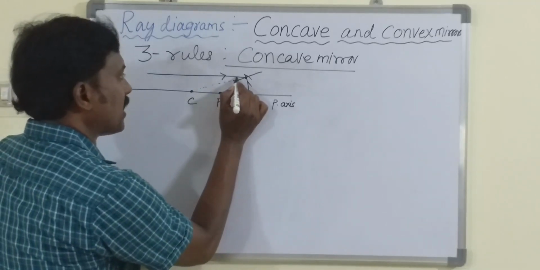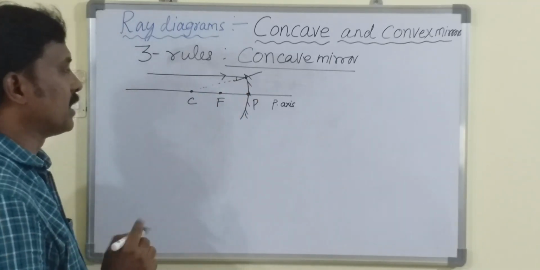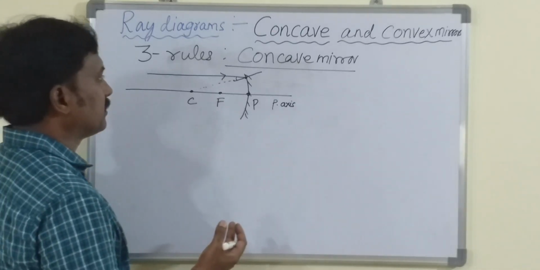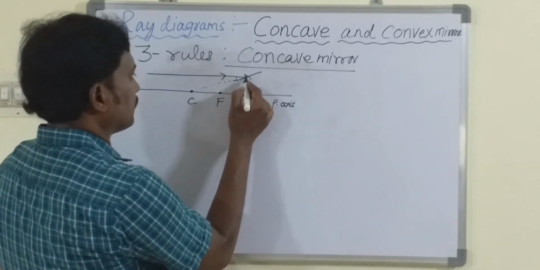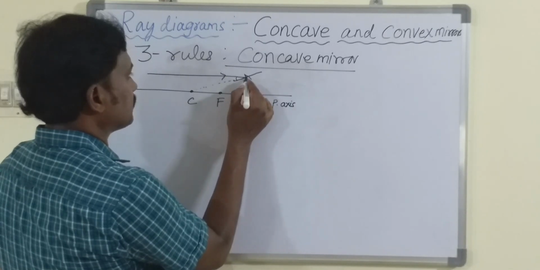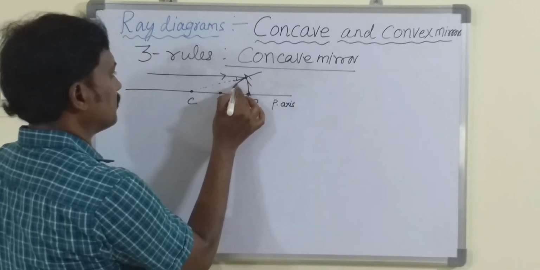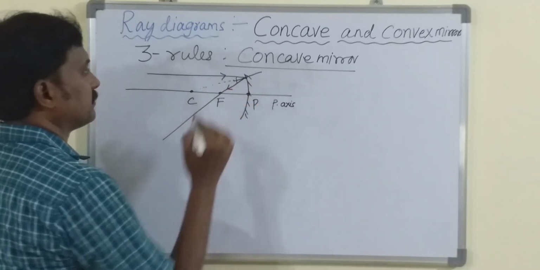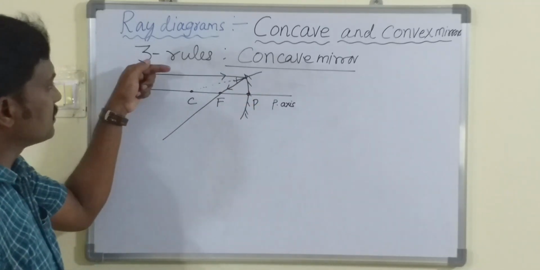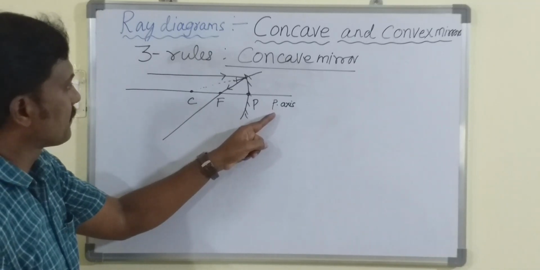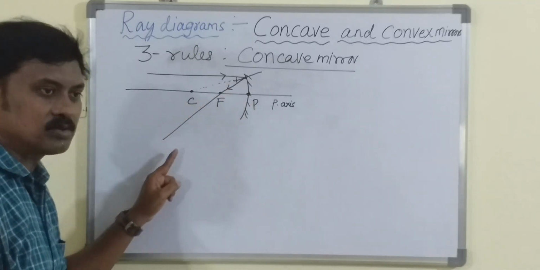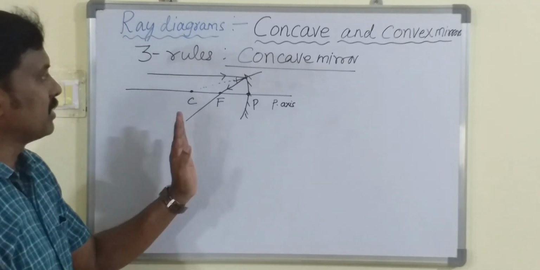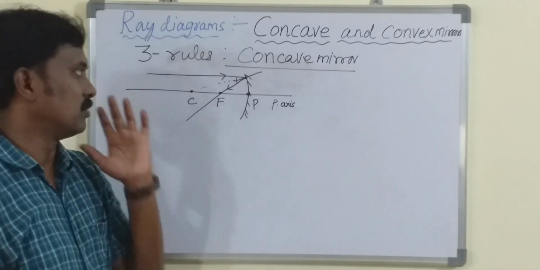Now find the angle of incidence, and according to it, draw the reflected ray following the angle of reflection. If you draw it, we see that it passes through the focus. So when a light ray is incident parallel to the principal axis, the reflected ray will pass through the focus. Keep in mind that the laws of reflection are followed.